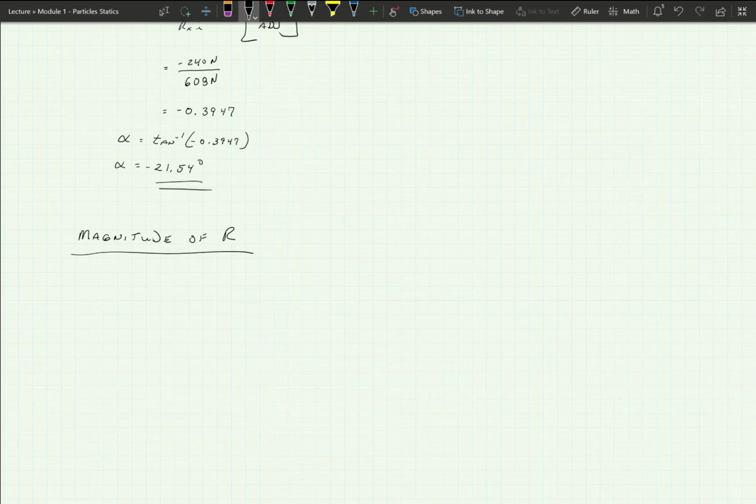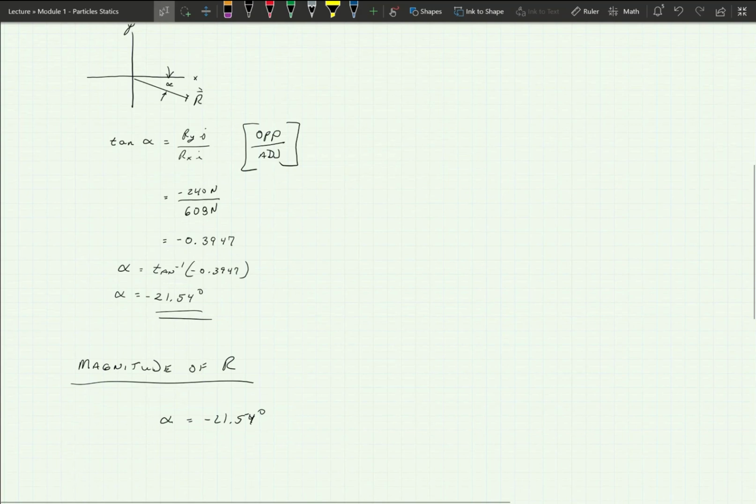All right, if we take a look at this, we know some things now which we didn't know before. We now have an alpha of negative 21.54 degrees, which we didn't know in the beginning. But we also know that we have a component and we can actually solve for some of this.